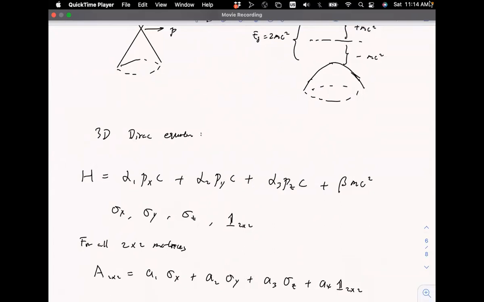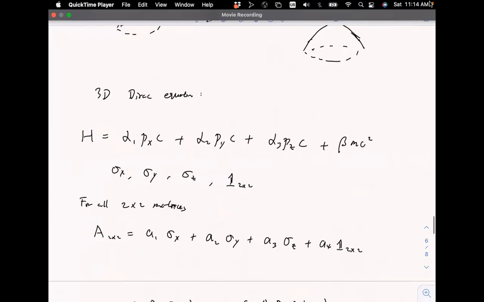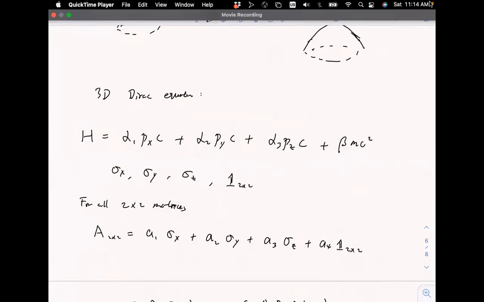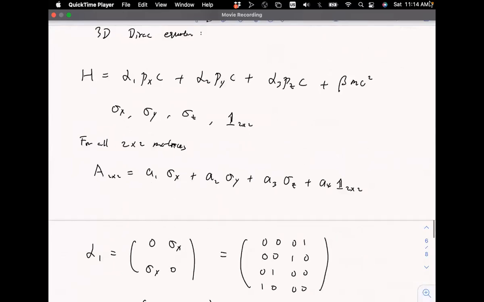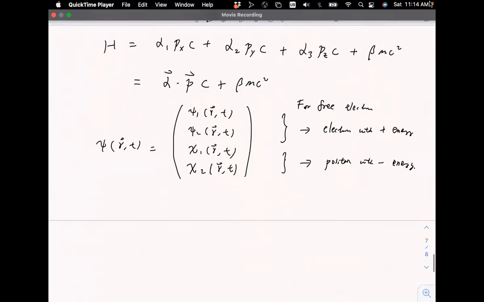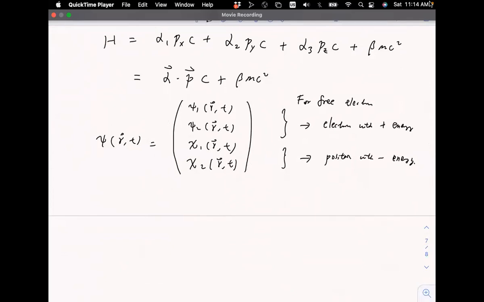Because of relativity, space and time need to be treated equally. When you have a first derivative in time, you also need to have a first derivative in space. So that's why you have a Hamiltonian of this form. It is linear in P. Once it is linear in P, you have to use the matrices. Once you use the matrices, then the spin and the antiparticle just come out.